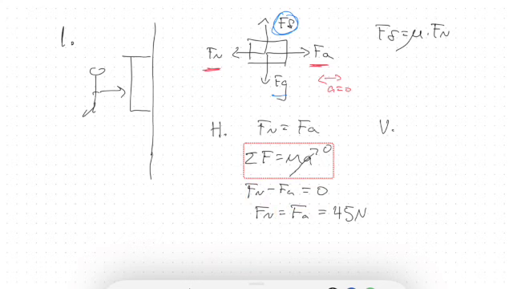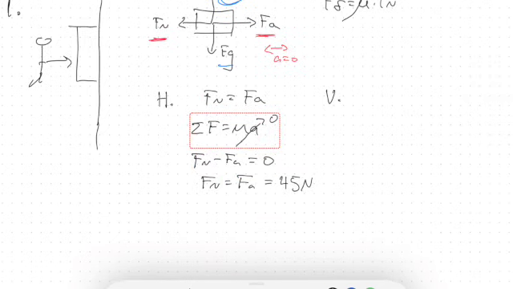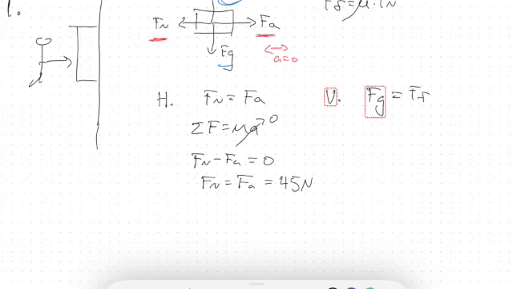So vertically, it's very similar. What we get is the force of gravity equals the force of friction. How do we get that? Sigma F equals ma. And again, there's no movement up or down, so that's just 0. Fg minus force of friction equals 0.